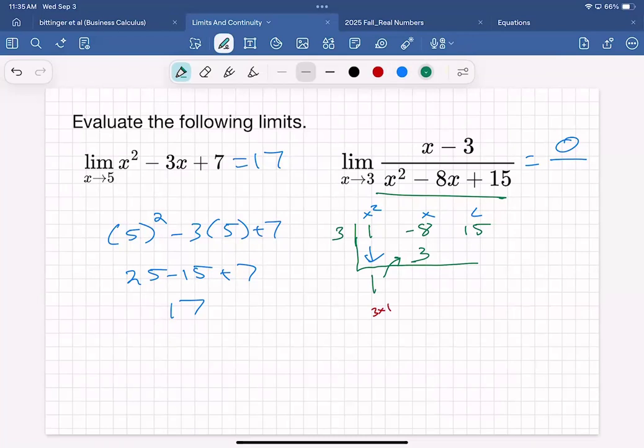If you're below the bar, you multiply to get back up. What do I do now? Now I add them together. What's negative 8 plus 3? Negative 5. Now I'm below the bar. To get back up, I multiply. So we all agree with negative 15 here?